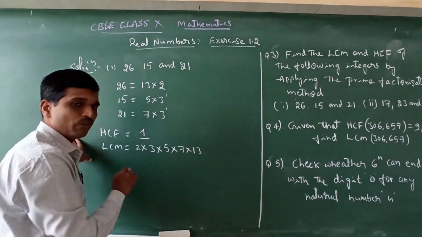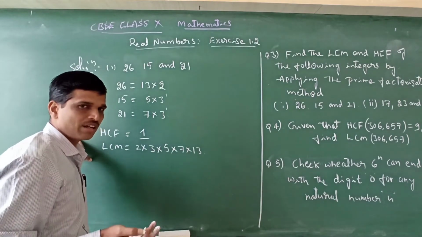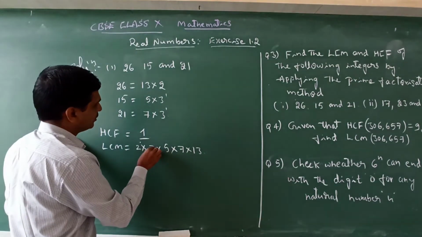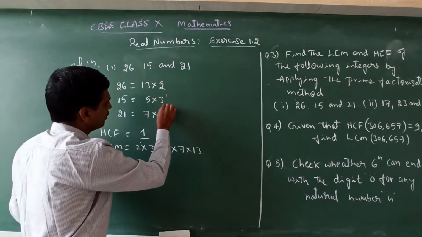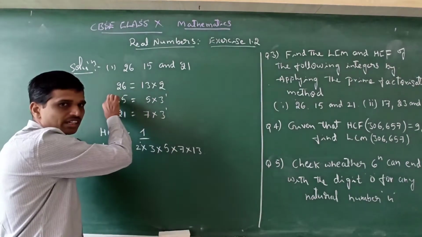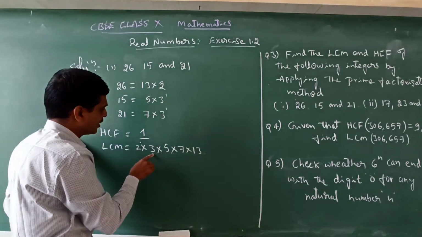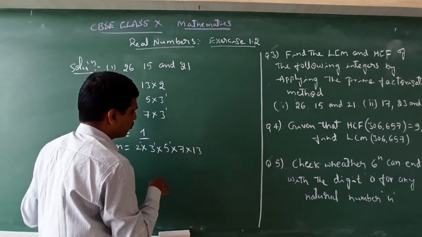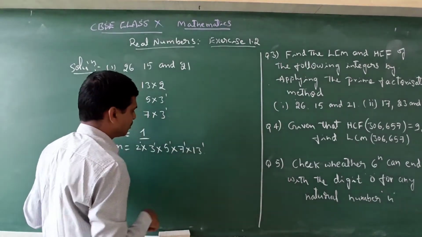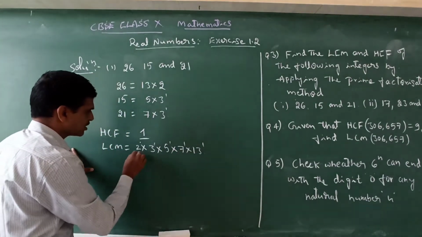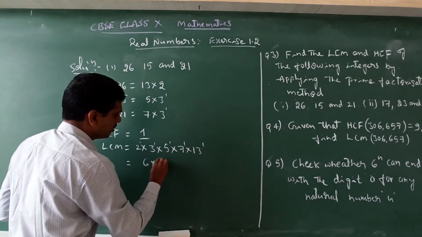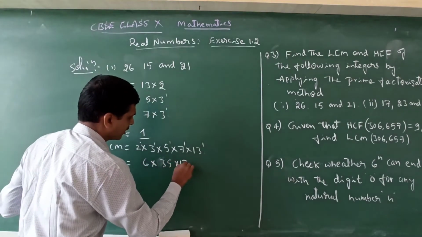For LCM, we should consider the highest powers of the prime factors. Here 2 contains 1, 3 is 1 here and 1 here, because these are the different numbers, we can take any one of those factors. So 5 to the power of 1, 7 to the power of 1, 13 to the power of 1. So you can multiply all these numbers: 3 twos are 6, into 5, 7 into 5 is 35, into 30.